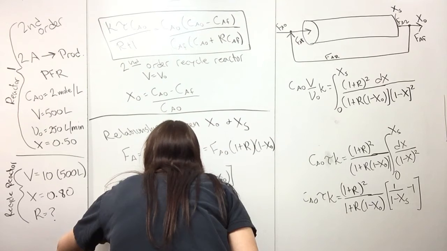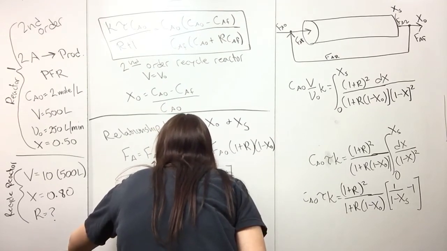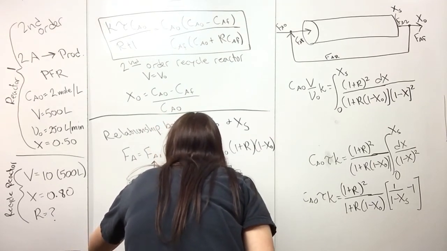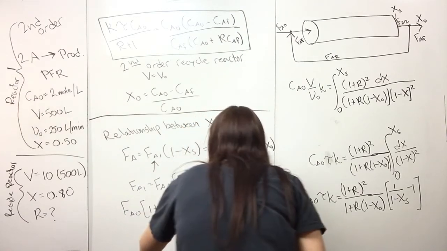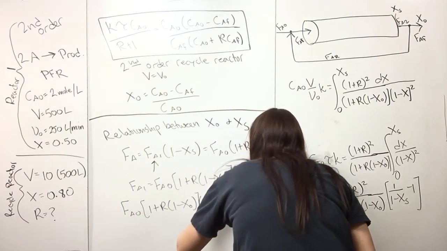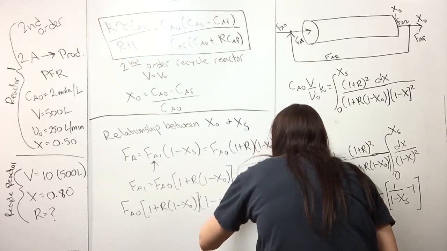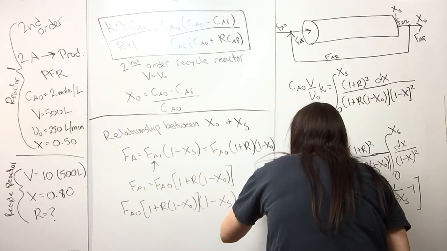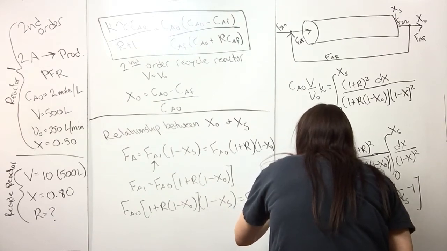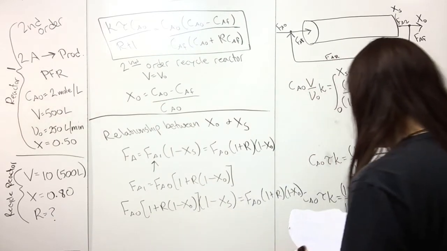So this is FA naught (1 plus R)(1 minus X naught)(1 minus XS) is equal to FA naught (1 plus R)(1 minus X naught).